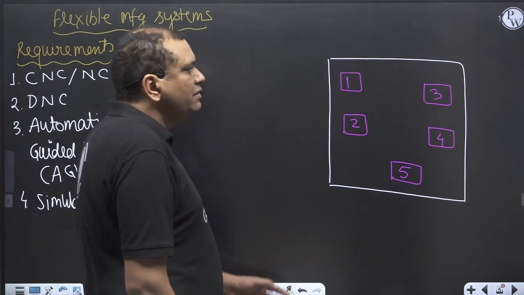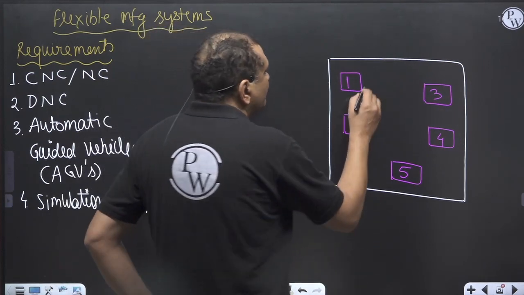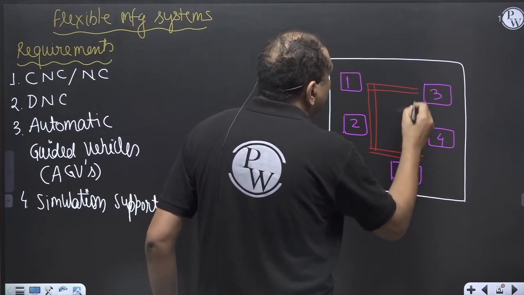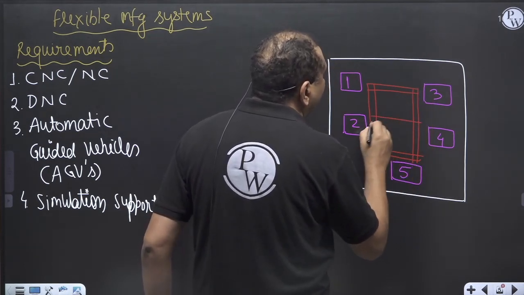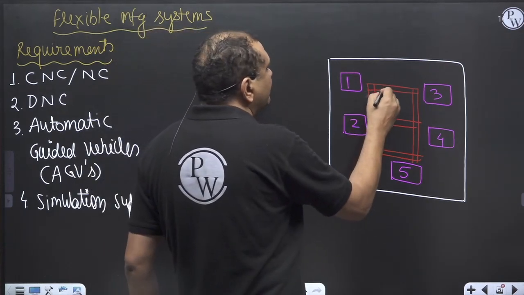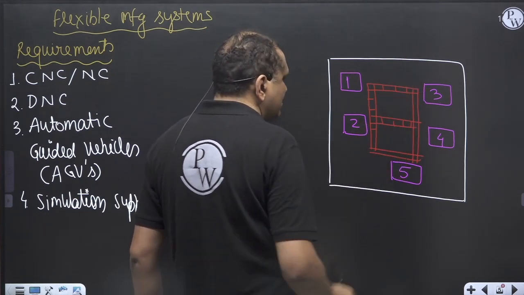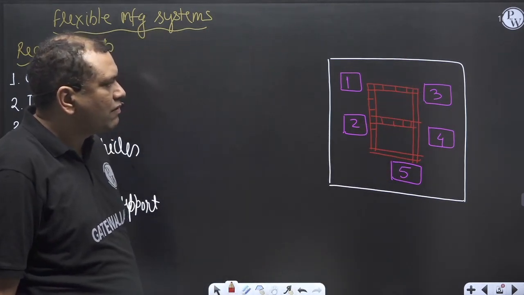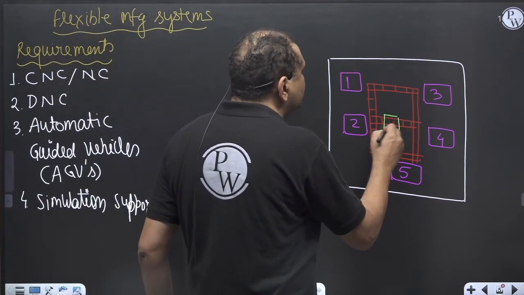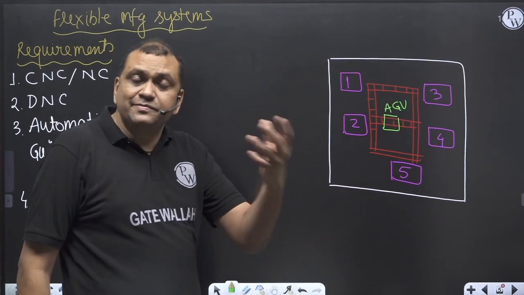Each and every CNC is connected with the help of a track. The track is segmented, and automatic guided vehicles move over these tracks.